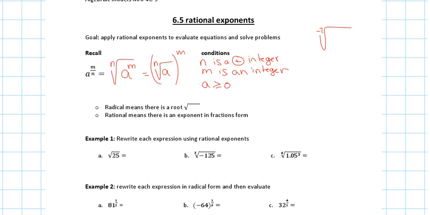when n is even. Why is that? For any even root. If I'm taking the square root of negative 16, can I do that? Do it on the calculator. What do you get when you do the square root of negative 16? You get an error.